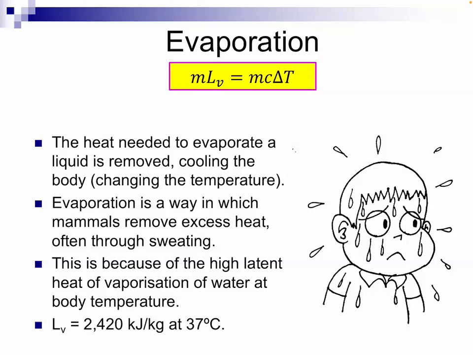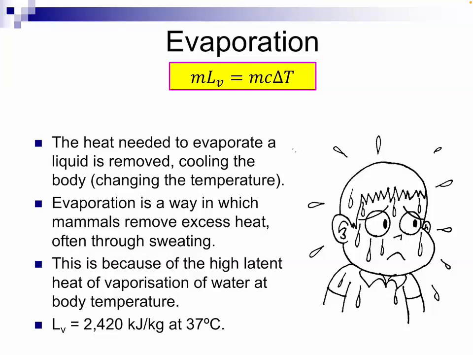Let's just consider a person that's sweating, but it doesn't have to be sweat. It can be, for example, saliva from a dog's tongue evaporating into the atmosphere, resulting in a change in temperature. But in essence, what happens in evaporation is you have some liquid that evaporates into gas, hence this term here. And as a result of the liquid evaporating, you have a change in temperature.